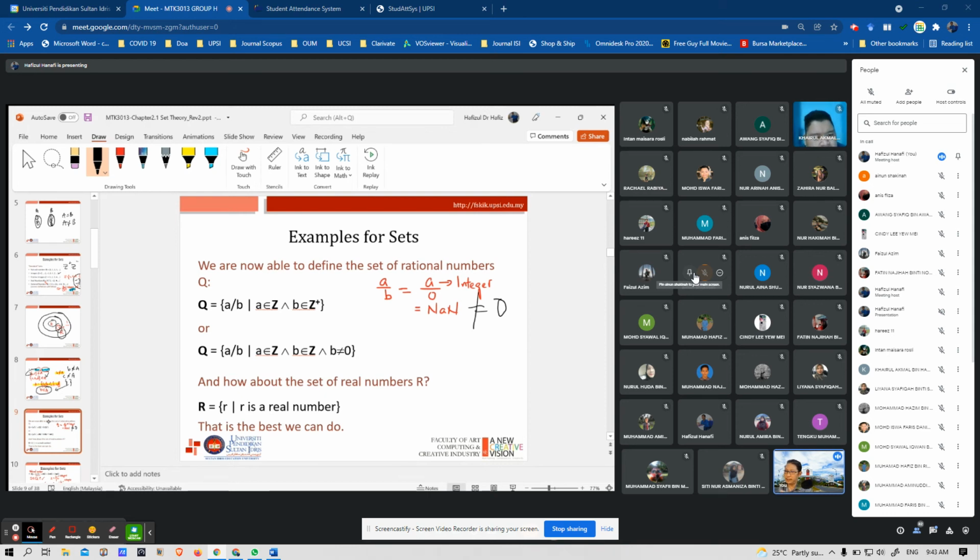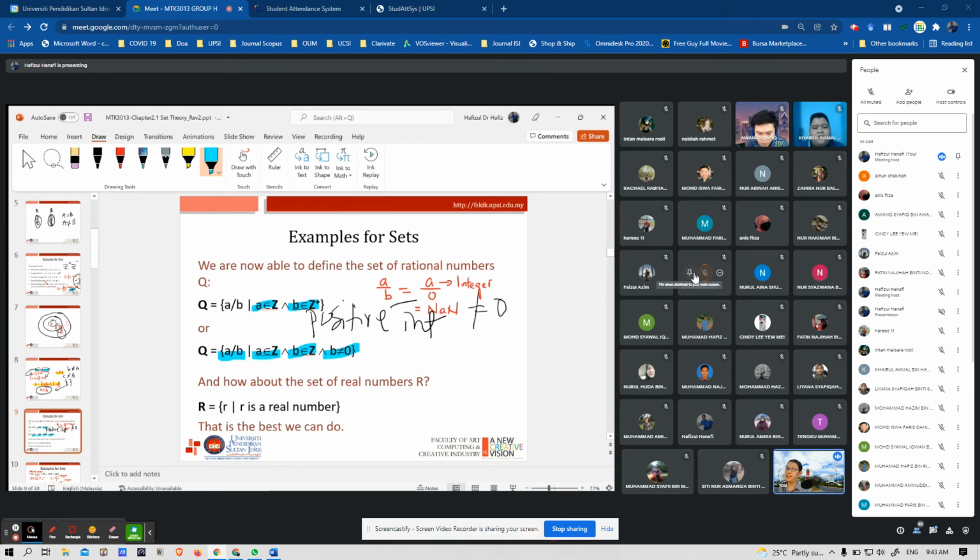We can have a as a member of set Z, and b as an element of the positive integers. Or you can say a divided by b, a is a member of Z, and b is also a member of Z, and b is not equal to 0.